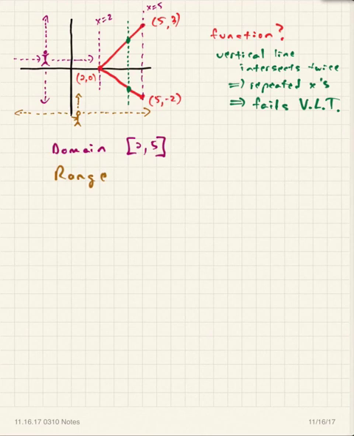And so where do you first see the graph? You first see it right here at y equals -2. And then you last see it here at y equals 3 as you climb up the y-axis like that. And so the range here is going to be everything from -2 to 3 like that. All right, and so we've written out the range.